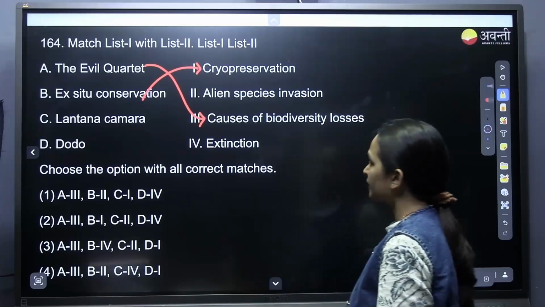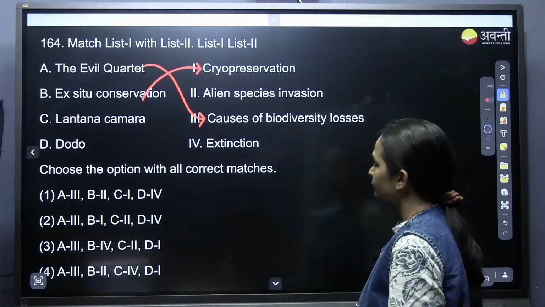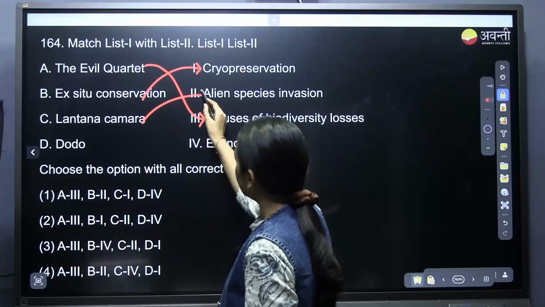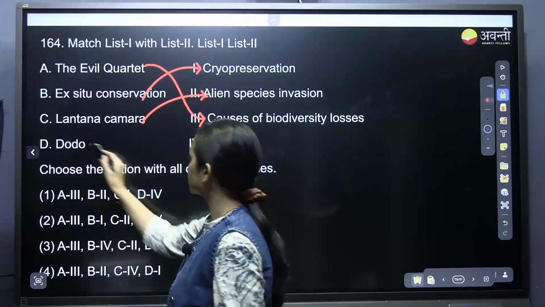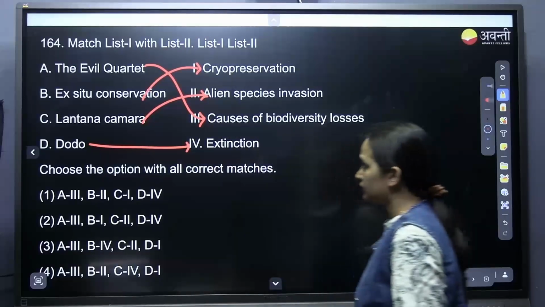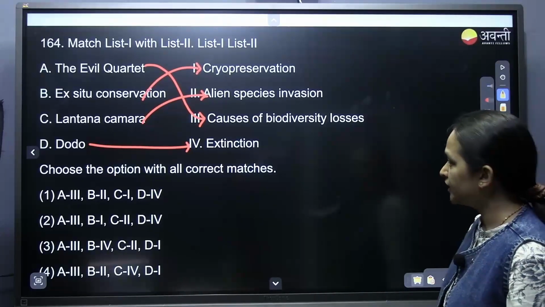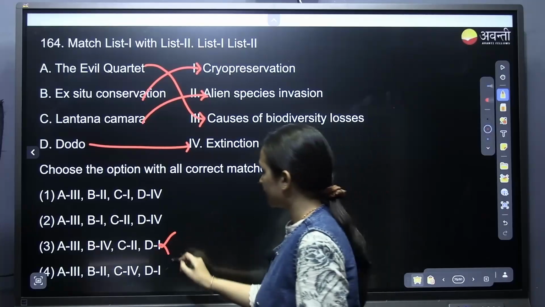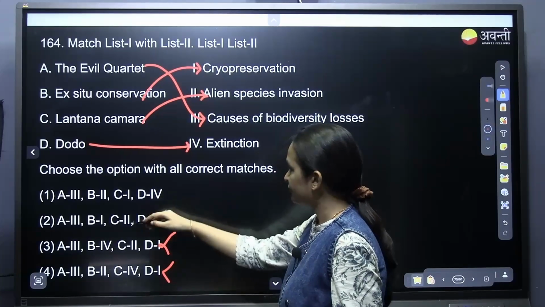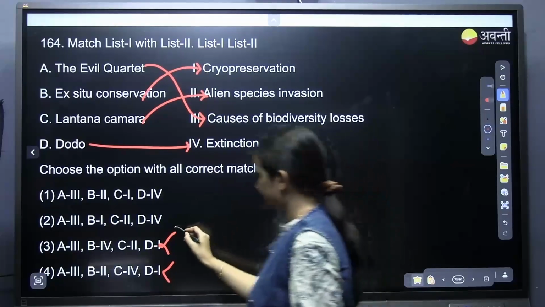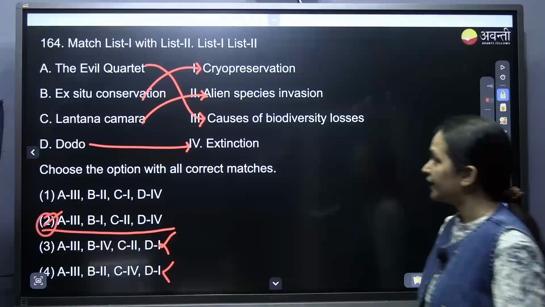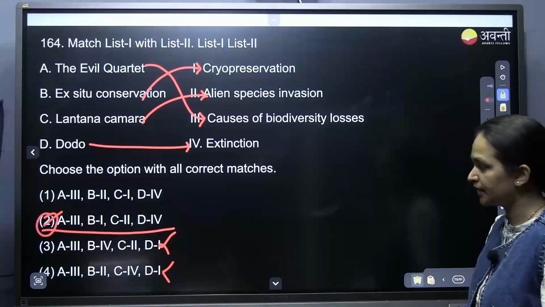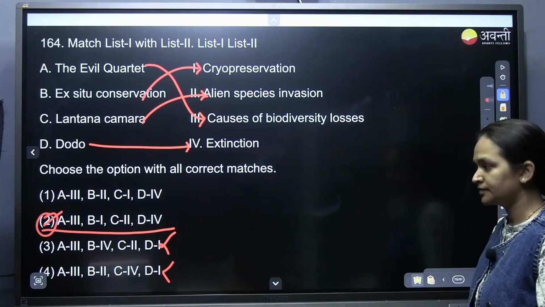Lantana camara, it's an alien species. Dodo has extinction, yes. D4, C2, B1 and A3. Understanding?